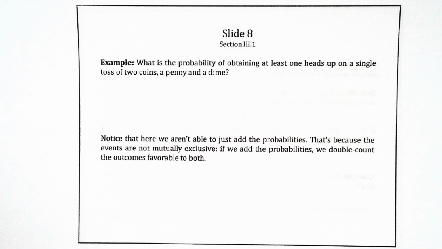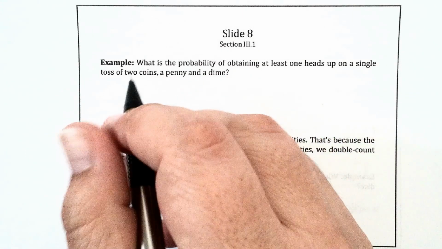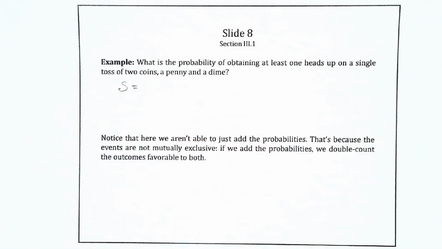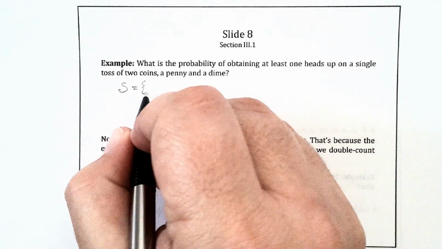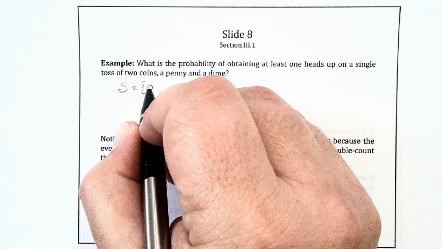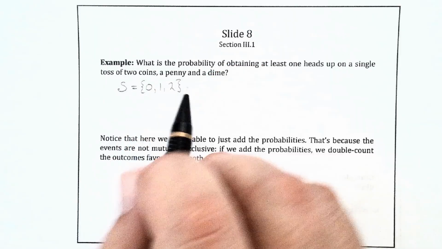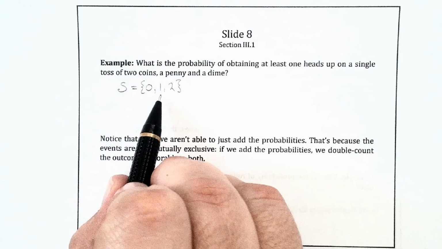So I could just try to write down how many heads up I got. And in that way there would be 3 possibilities. So we could use S equals, I'll say 0, 1, or 2, depending on whether we got 0 heads up, 1 heads up, or 2 heads up.